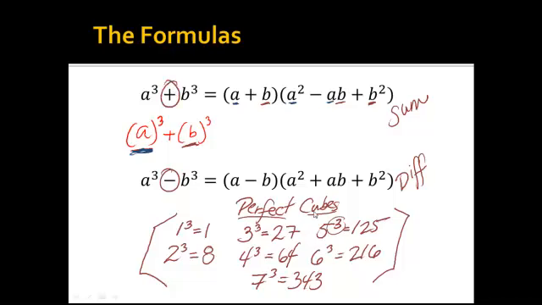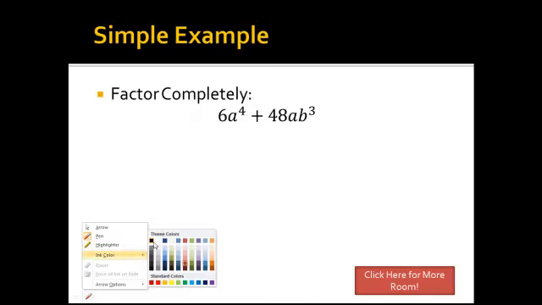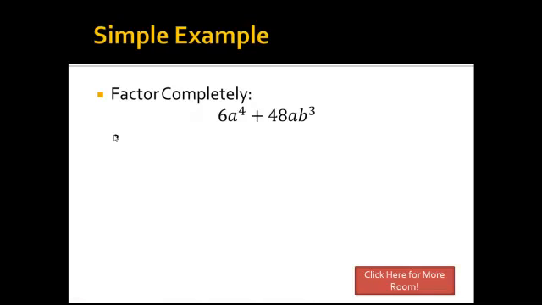Alright, so let's do the first example. We're going to factor this one completely. As with everything, the first thing I should consider is my GCF. Always start with GCF. Just by looking at this, I see that these both have a 6. This is a to the 4th, a b cubed, so I've got an a.